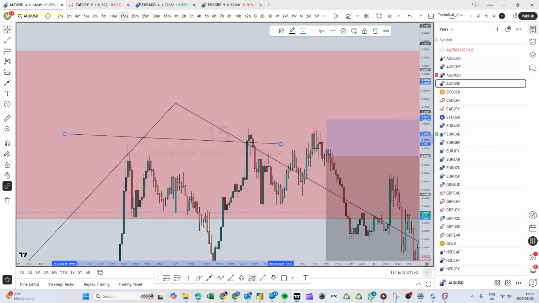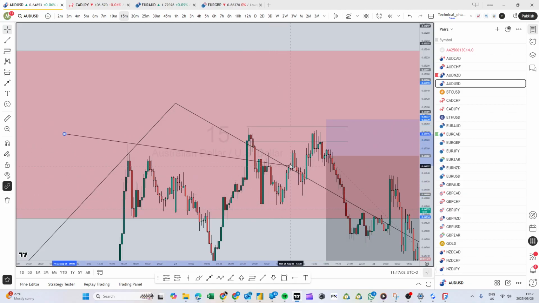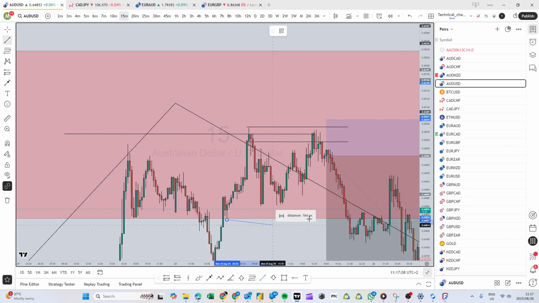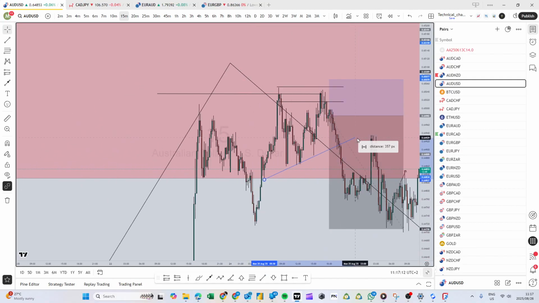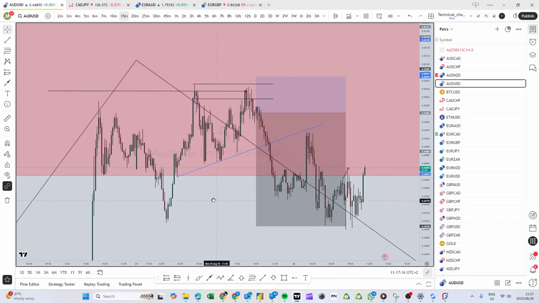Then that's when we had the market come down, consolidate a little bit, go up into the zone, and on the way up we created this trend line right here.